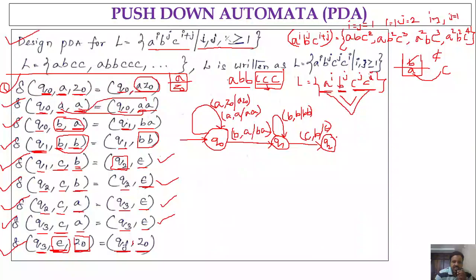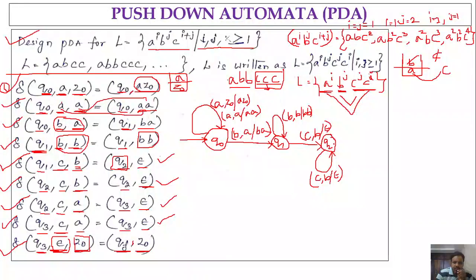Now in q2, if you get input as c and top of the stack is b, then you push epsilon and you will be in the same state q2. Okay, so here in q2 we are comparing the number of c's with respect to the number of b's, right?